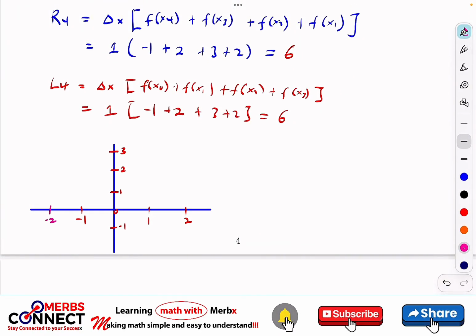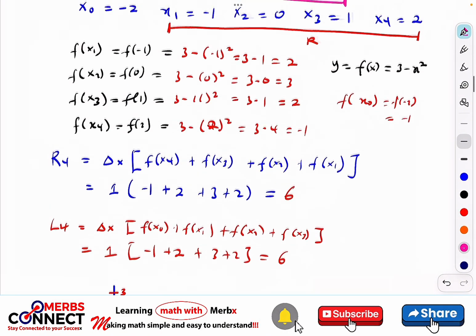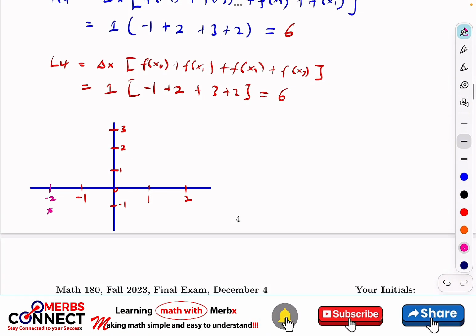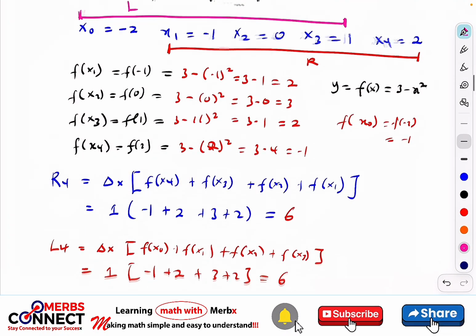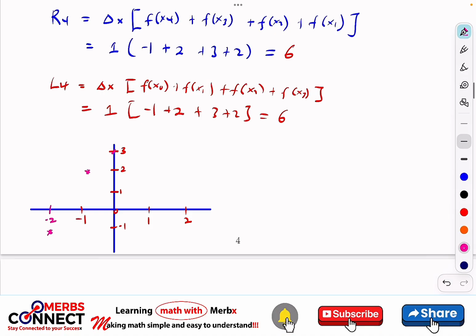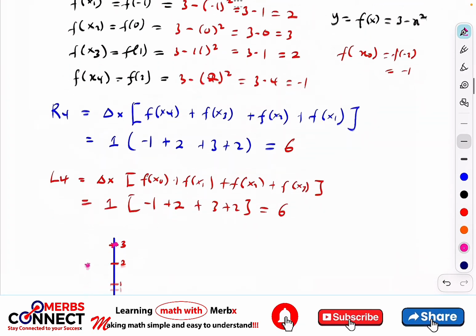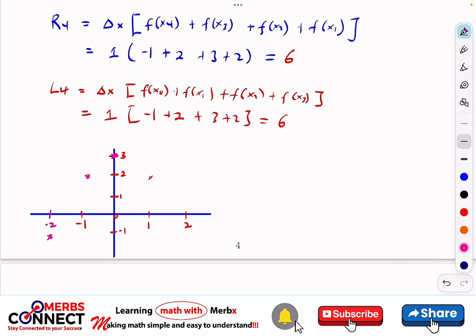So minus 2 will be here. So minus 2 is minus 1. We are going to have it somewhere here. Then minus 1 is 2. So we are going to have it somewhere here. 0 is 3. So we are going to have it somewhere here. 1 is 2. And 2 is minus 1 again. So the graph is going to be like this.